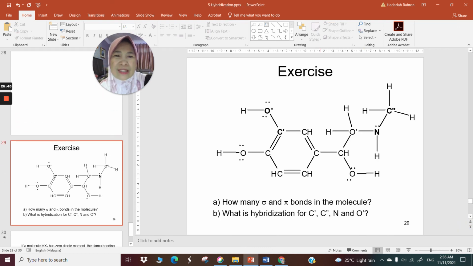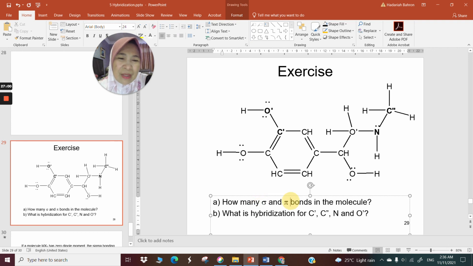You try to answer. Next, you have another exercise for this molecule. This is a huge molecule, comparatively huge, not too big, but quite big compared to what we've discussed before.